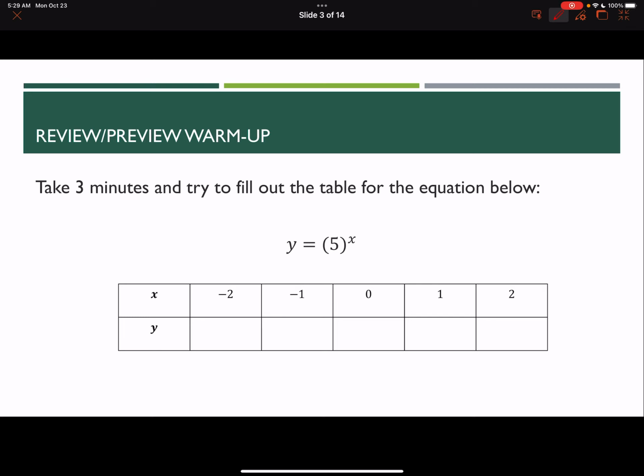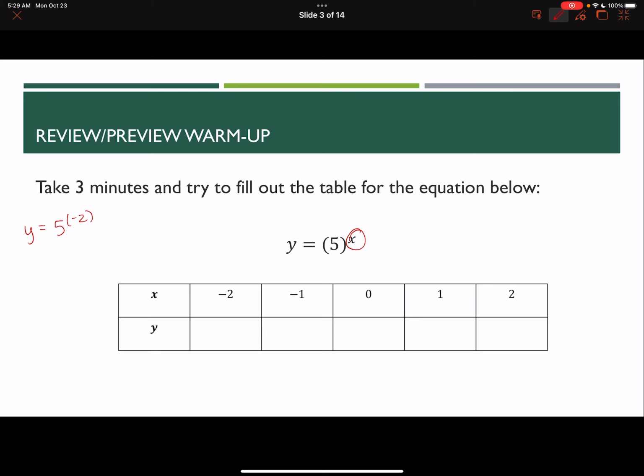So let's start with the x value of -2. If I plug in -2 for x, I have y is equal to 5 to the -2. So I have this negative exponent. What do negative exponents tell me to do?